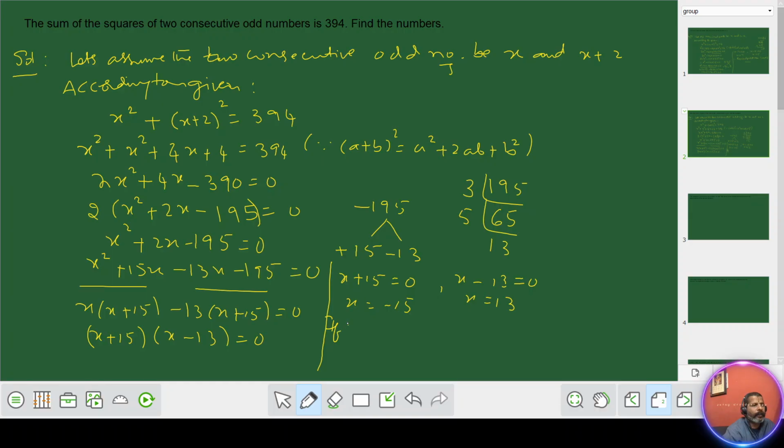That is, if x is minus 15, x plus 2 becomes minus 15 plus 2, minus 13. So this is one set.